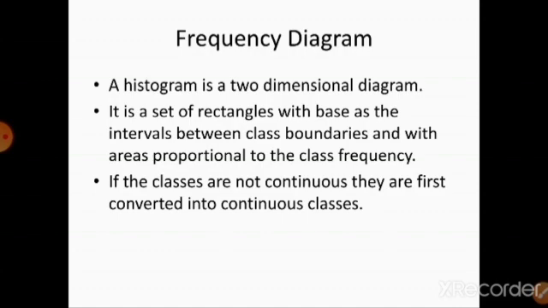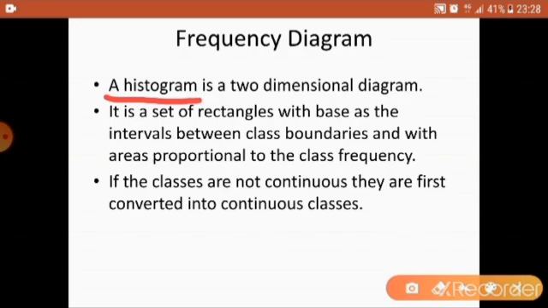So in this we are going to see what is a histogram. A histogram is a two-dimensional diagram, a set of rectangles with the base having the intervals. The base will have the intervals between the boundaries, and the heights will be proportional to the class frequencies.